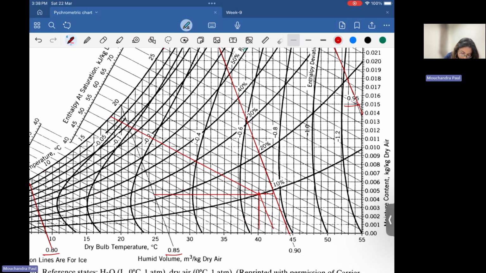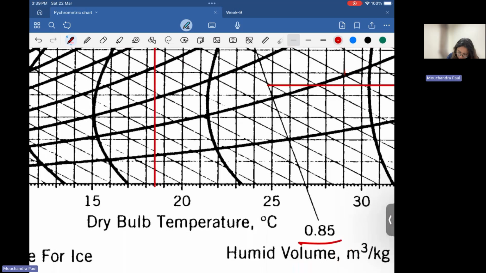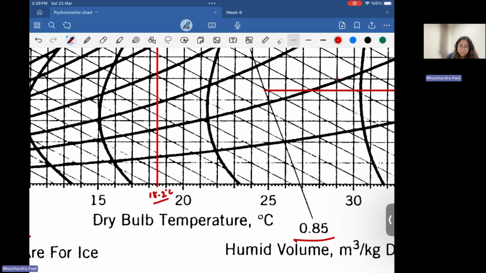And from here, extend a vertical line. So this temperature that is coming to be close to 18.2 is your wet bulb temperature.